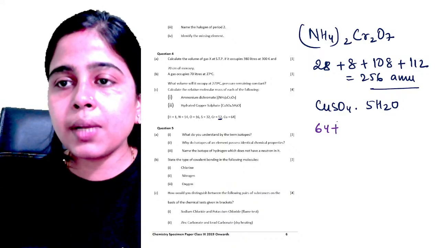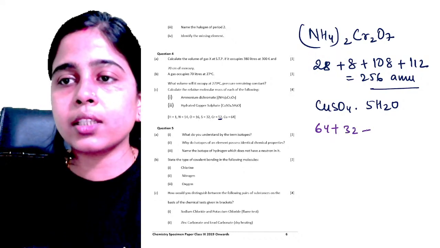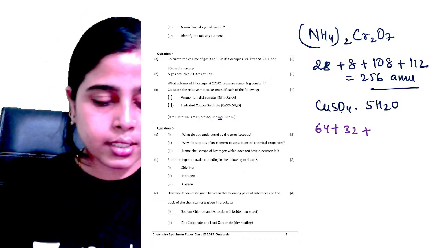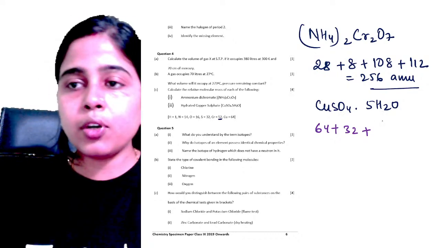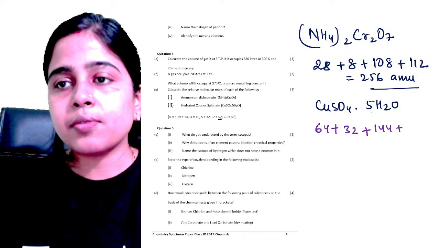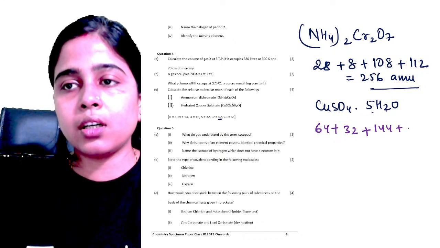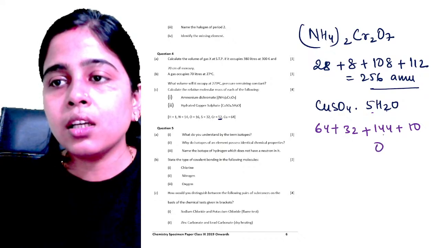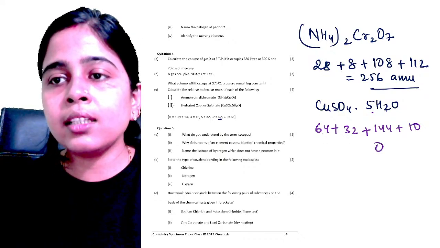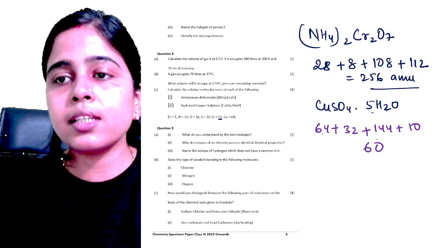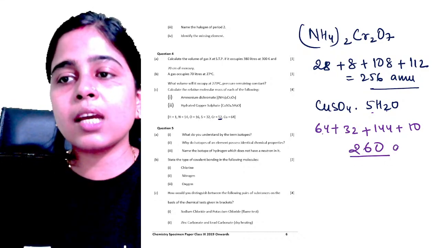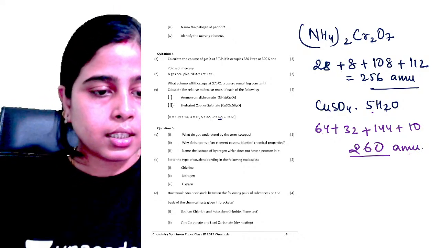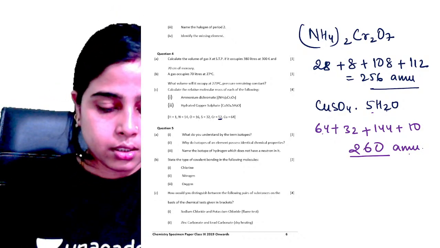So 64 plus sulfur, we have 1 atom, so 32. Oxygen, we have 5 plus 4, 9 atoms. So 16 9s are 144, plus 5 2s are 10 atoms of hydrogen. So 10. Add it all up. 260 AMU is the answer for this hydrated copper sulfate. Okay? Clear everyone?